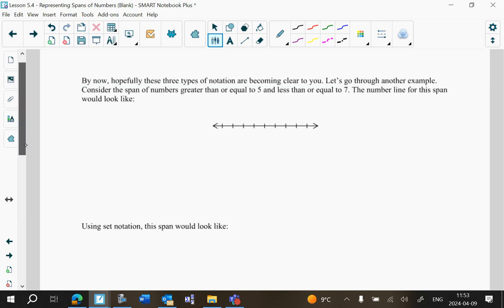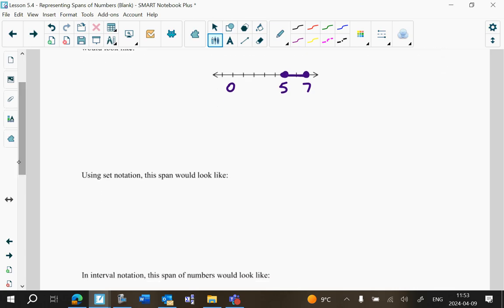This one I think we can do pretty quickly because it's almost identical to the previous one, except now we're including 7. So we would go 0, 5, 7, but both the circles at 5 and 7 would be filled in with a segment connecting them. For the interval notation, it's going to be 2 inequality symbols, 5 on the left, 7 on the right.